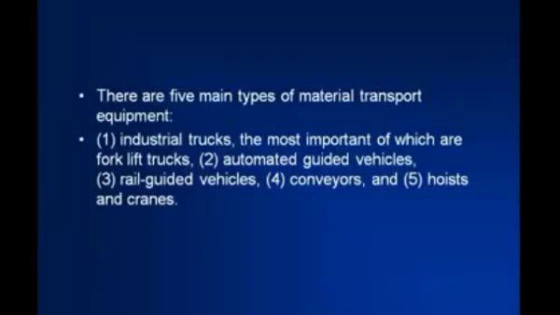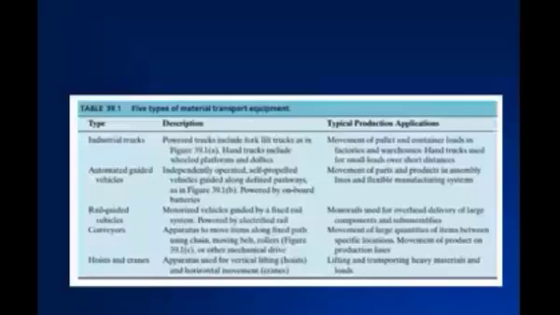It could be done by automated guided vehicles, AGVs. Cranes and hoists, conveyors, rail guided vehicles, and forklifts can be used in the material handling system. This is the description of these transport equipment. You can read it.